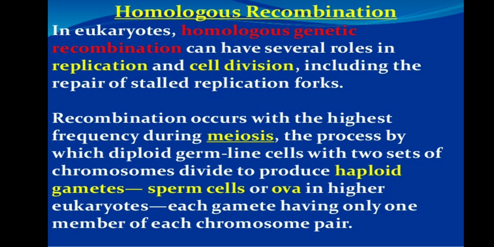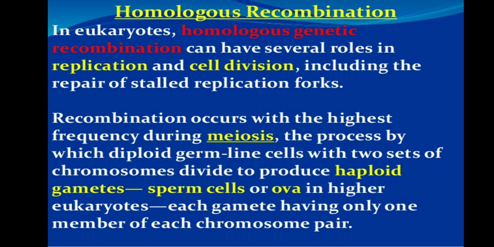This is activated when the replicating machinery encounters damage on the template. DNA polymerase stalls at the damage, and a base cannot be incorporated opposite to the damage.